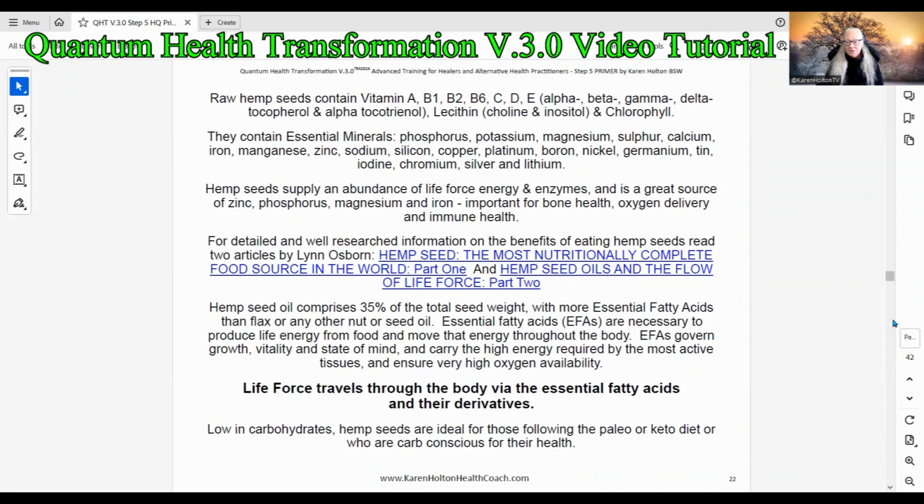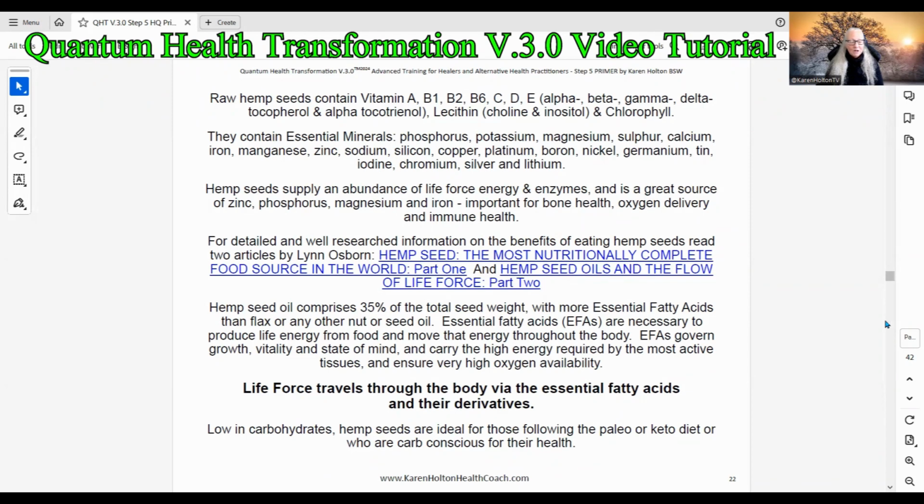And again, another reason why you want to download the PDF, because the links are right here to go right to this research material. The first article is called Hemp Seed, the Most Nutritionally Complete Food Source in the World, Part 1, and Hemp Seed Oils and the Flow of Life Force, Part 2.